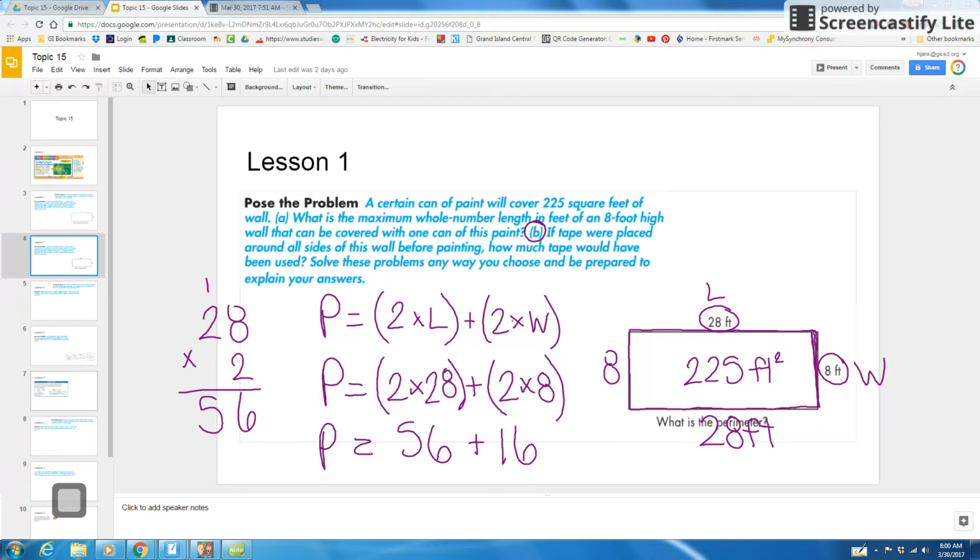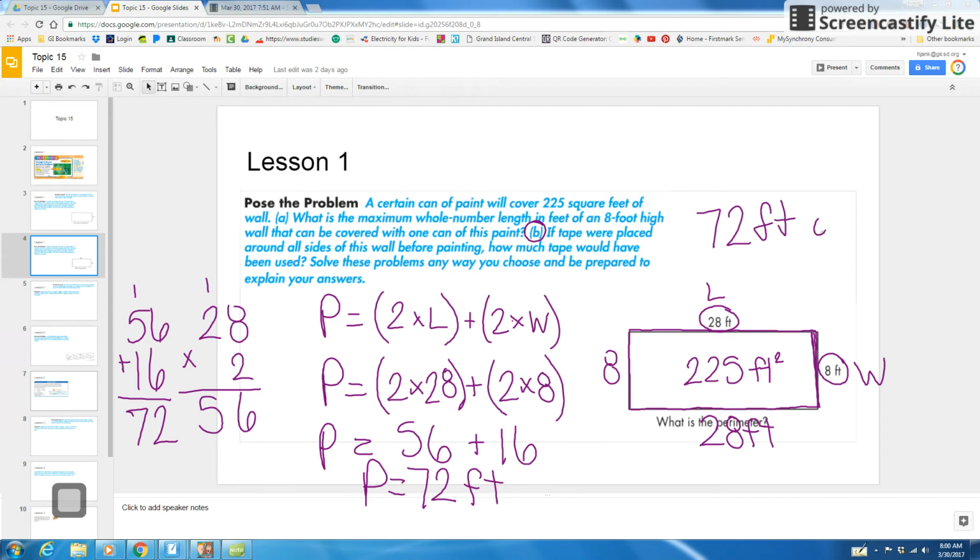So then I would come over and take my 56 and add it to 16. 6 plus 6 is 12. Carry the 1. 1 plus 5 is 6, plus 1 more is 7. So the entire perimeter would be 72 feet. Okay, so I would need 72 feet of tape to tape off the outside, or the perimeter, of that wall.